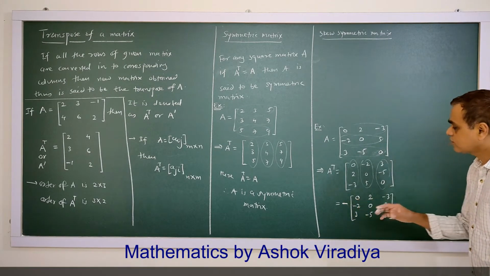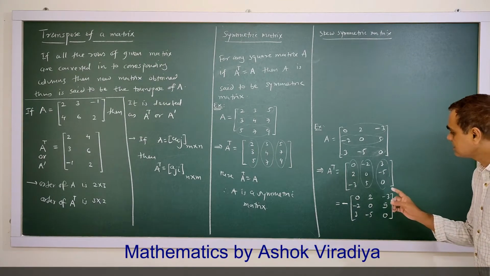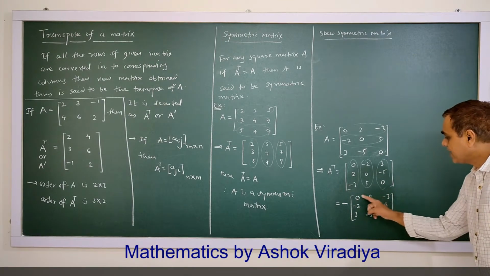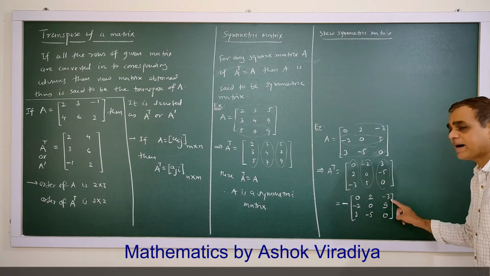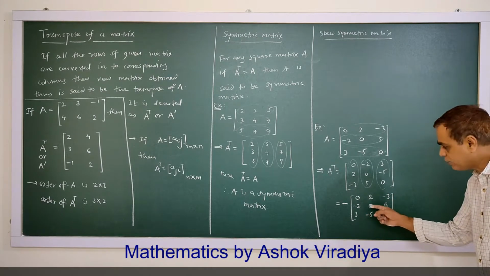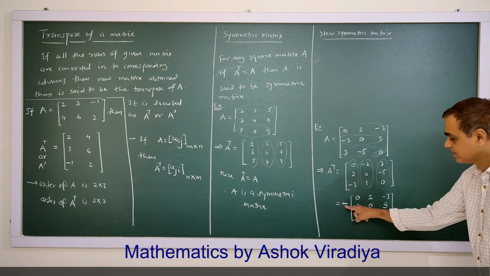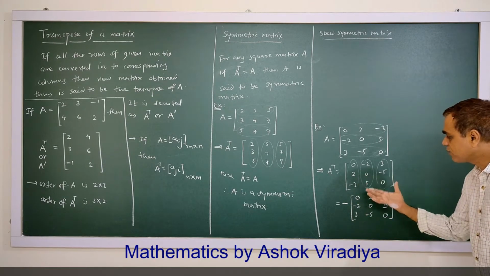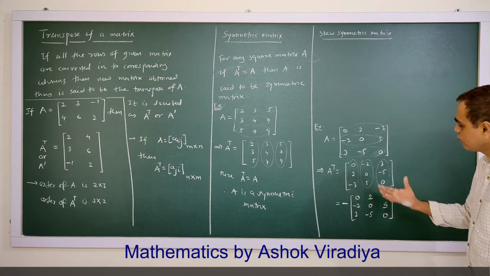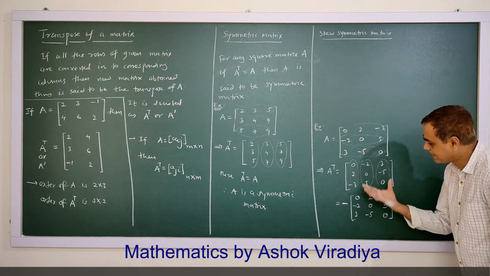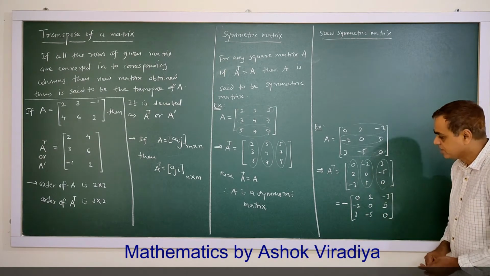Taking minus common, what have I done? All entries I have multiplied by minus 1 and outside I have made it minus 1. So the value cannot change. The value of this matrix remains unchanged.